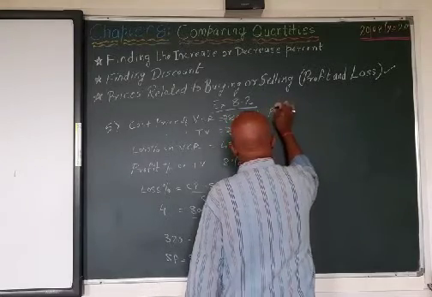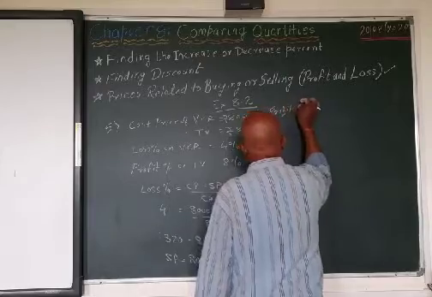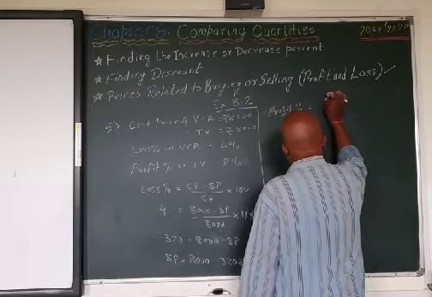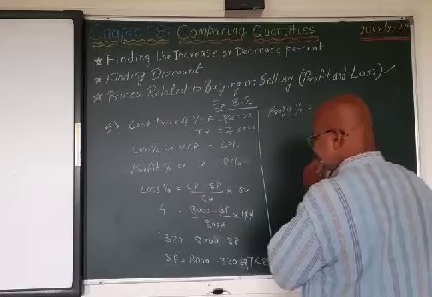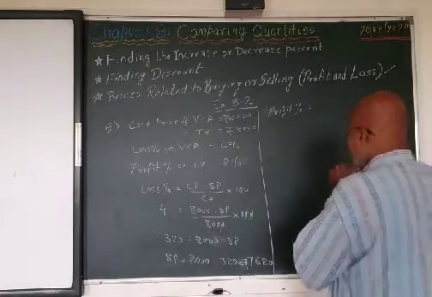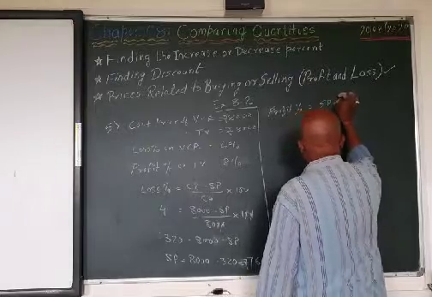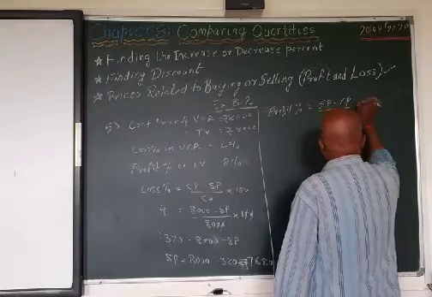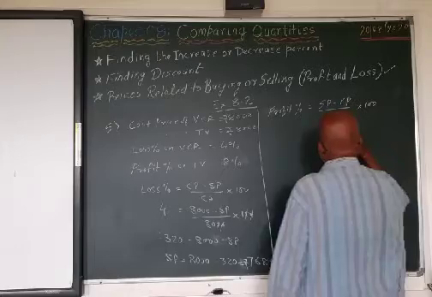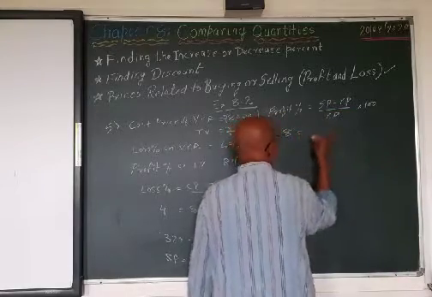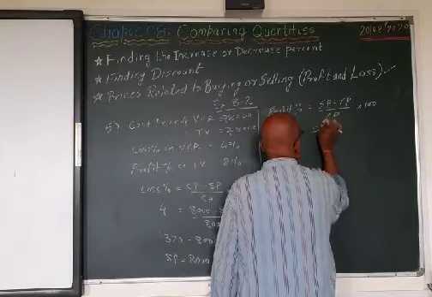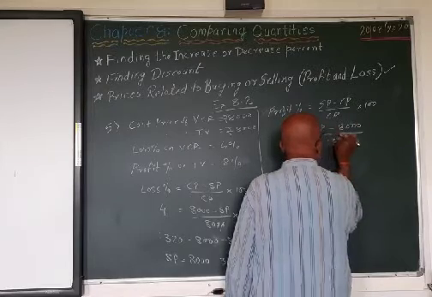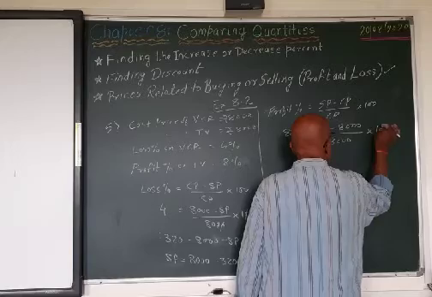Now profit percent equal to selling price minus cost price upon cost price into 100. 8% was the profit, so 8 equal to SP minus 8,000 upon 8,000 into 100.